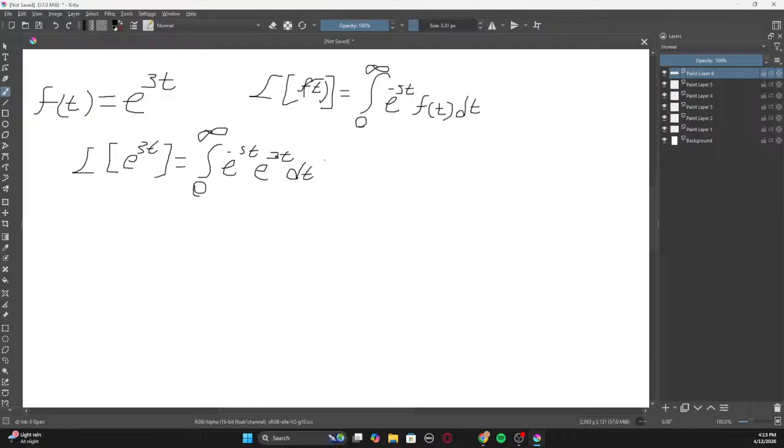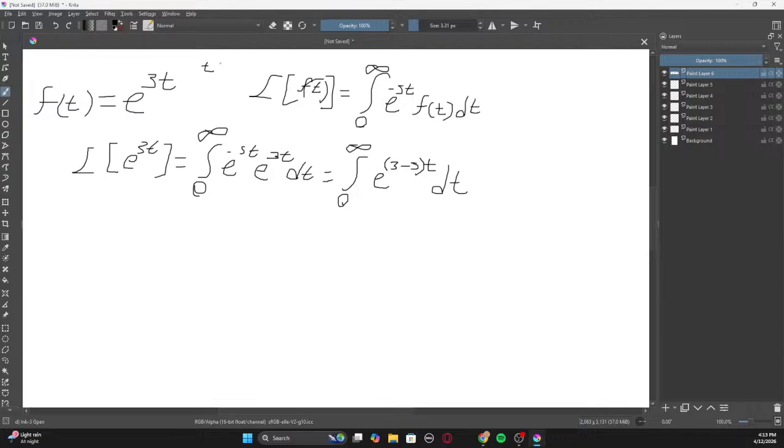Right? And so now this is equal to the integral from 0 to infinity of e to the power of (3 minus s) t dt. And of course, it says that t has to be greater than 0. I forgot to mention that.